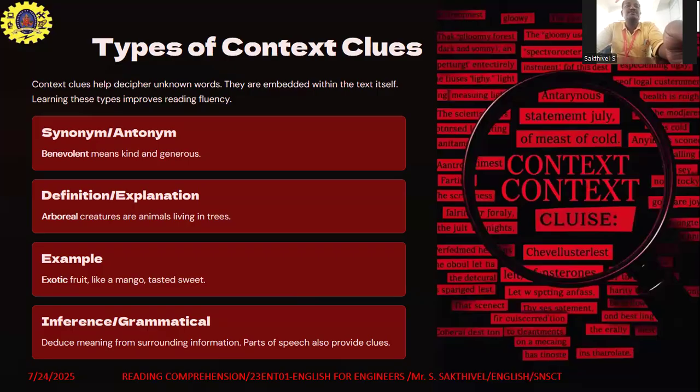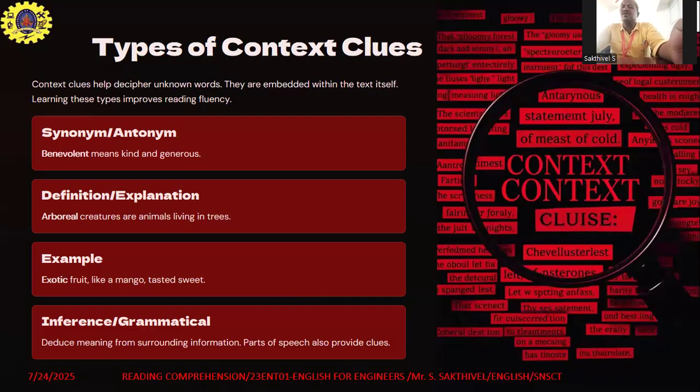So, deduce meaning from surrounding information. What does surrounding information mean? Around, within the passage. For example, the parts of speech also provide clues. Take the old boy. We have two different types of sentences here: call the boy, or call the old man, or call the boy with the blue shirt.